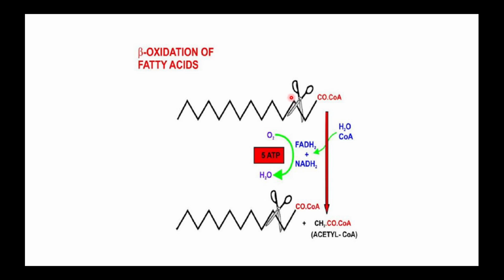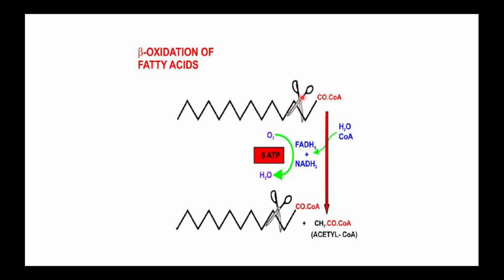Right now, how many carbons do we have in this chain? 1, 2, 3, 4, 5, 6, 7, 8, 9, 10, 11, 12, 13 and 14. So the 14th carbon is the one that is carrying the coenzyme A. In beta oxidation, the beta carbon gets oxidized and 2 carbons will be released.